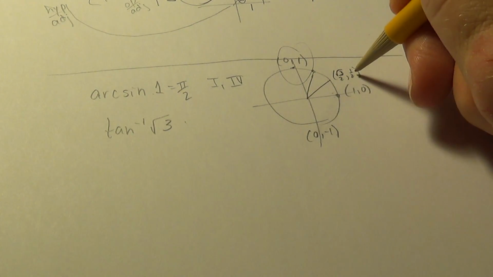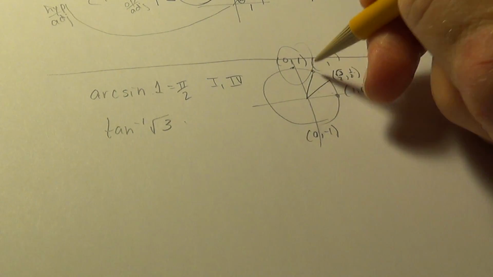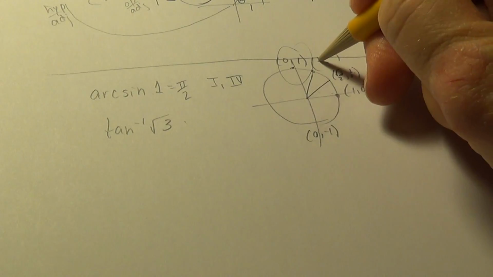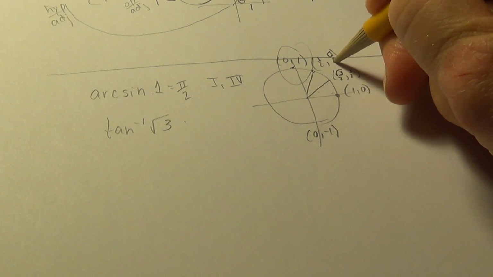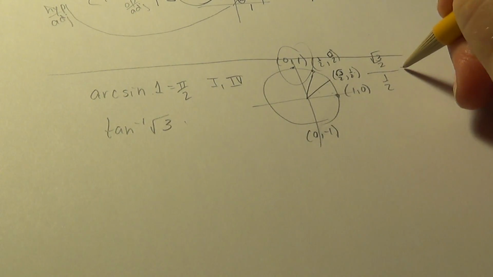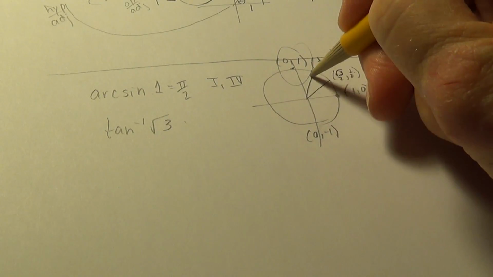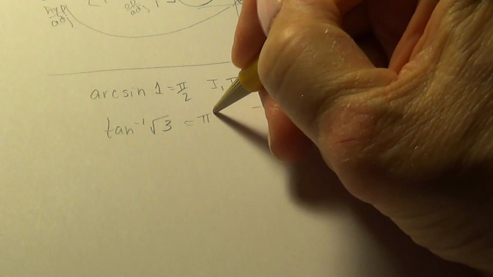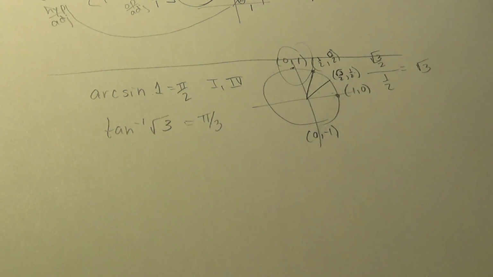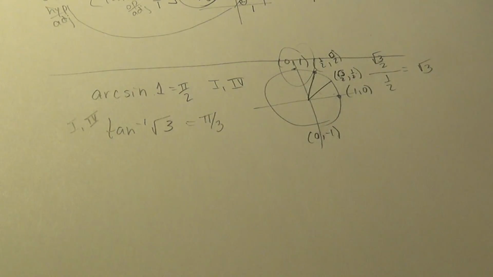Tangent is the second divided by the first coordinate. But maybe it'll work over here, over the short, up the long. I believe it will. When I divide square root of 3 over 2 by 1/2, I do get square root of 3. So that happens right there, and that was at pi over 3. And arctan we can look in the first and the fourth, so we did not fail that requirement.